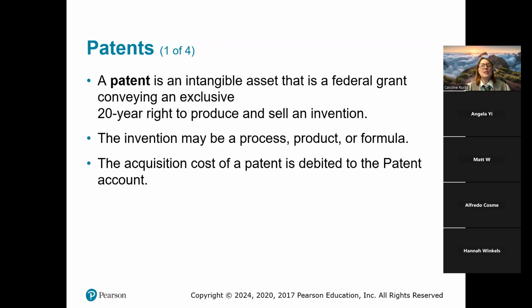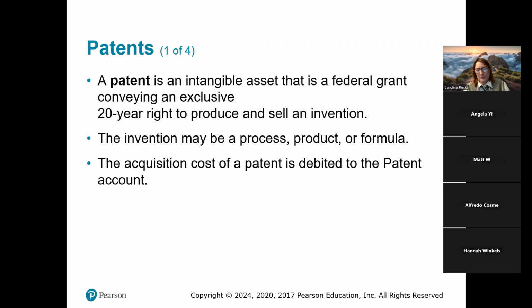So a specific example of this would be a patent. It is a federal grant that gives you exclusive rights to a product for 20 years. It could be a process, a product, or a formula. It doesn't have to be a product.